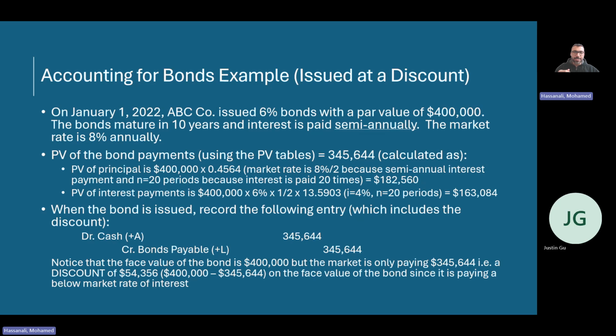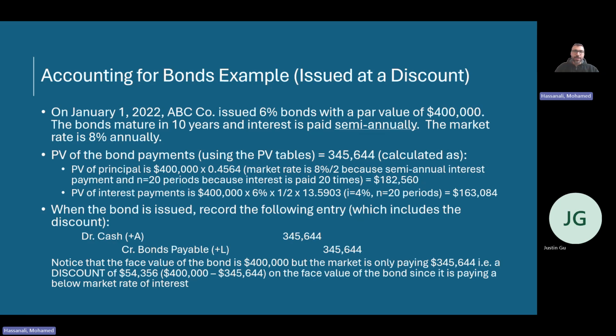So that's simply saying that the 400,000 times 6%, which is 24,000, I'm going to give you in the middle of the year and the end of the year. So you're just going to make that half, and you know you are going to get cash in your hand of $12,000 twice a year. Okay, so that's your starting point.